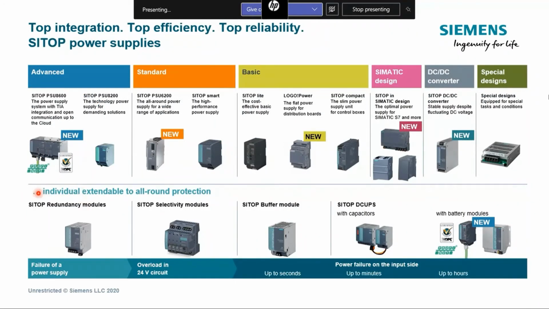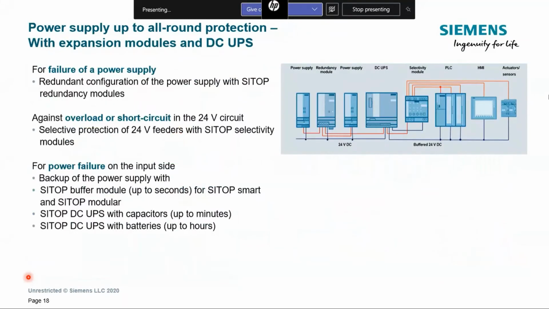And the last part of the presentation is the add-ons to the power supplies. And the add-ons to the power supplies, of course, provide functionality. So the power supply gives me 24-volt DC, but what options do I have to make my 24-volt DC more available?